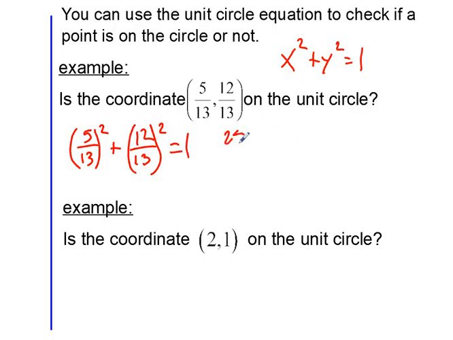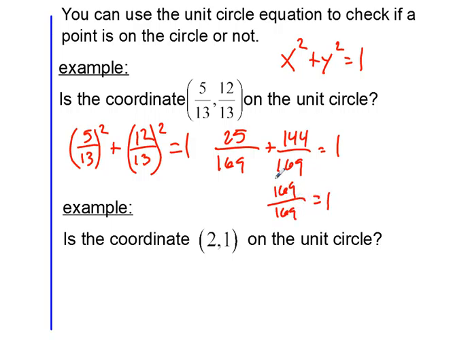Well, 5 squared is 25 over 169, and 12 squared is 144 over 169. This comes out to equal exactly 1, because 169 divided by 169 equals 1, and that's what 25 plus 144 equals. So this is good. This point is actually on the unit circle.